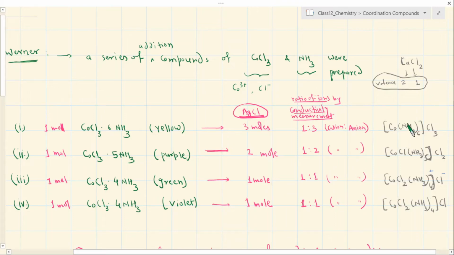Whatever is inside this coordination entity, this whole thing represented inside the bracket is called the coordination entity. I will write it down again. And this whole thing seems to be fixed in terms of structure and geometry. Why? Because all these groups which are attached to the metal, when they are more than one, they don't ionize. That means they will orient themselves in space in a certain way.